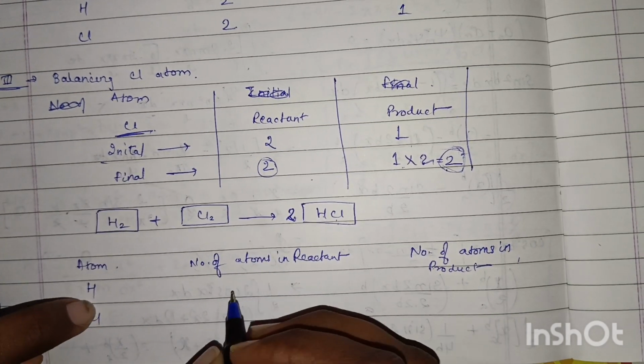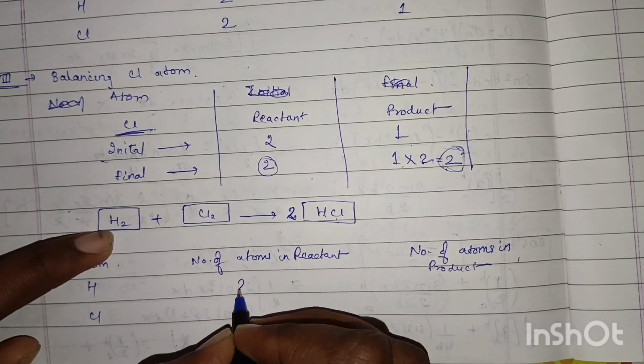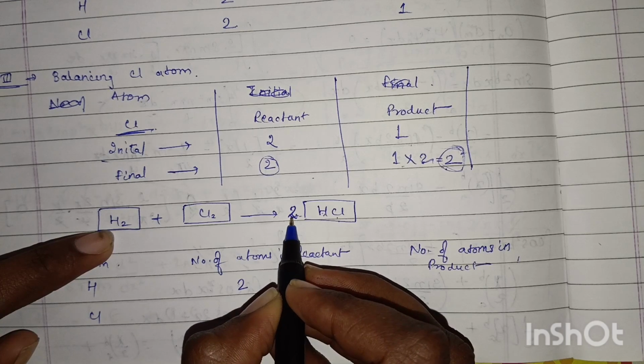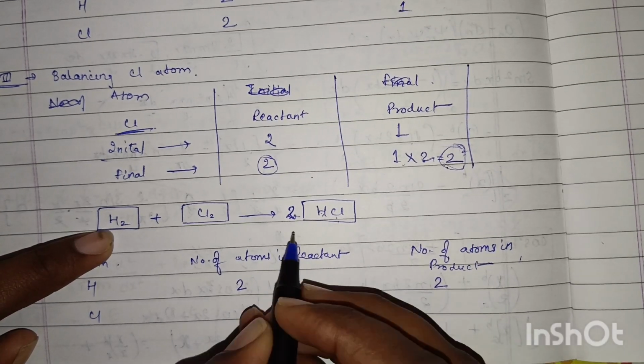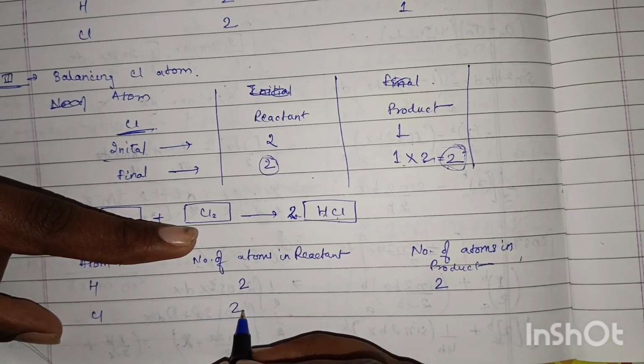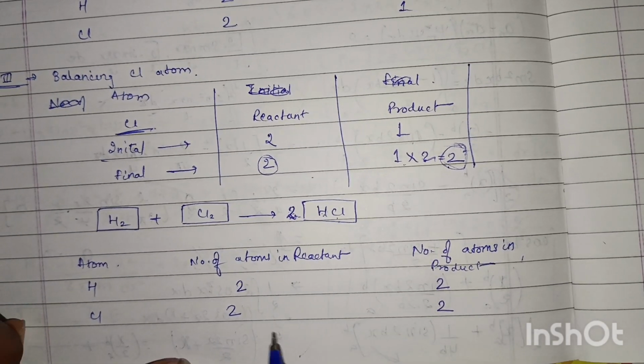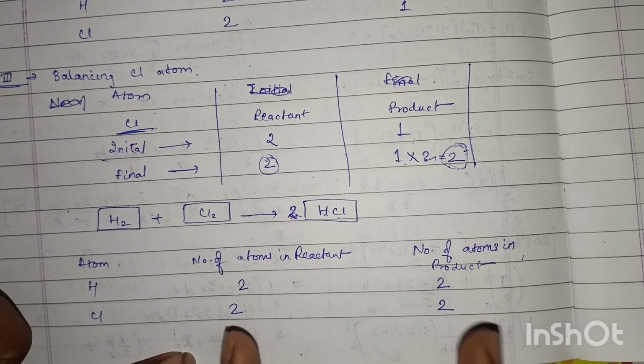How many hydrogen are there? 2. In the product, hydrogen is to be multiplied by this 2, so here also 2. Chlorine, here 2 on the reactant, and here also multiplied by this 2. So now you can see this equation is balanced.